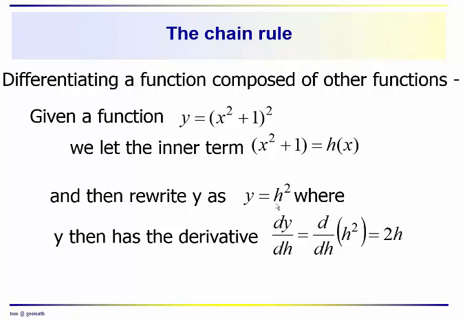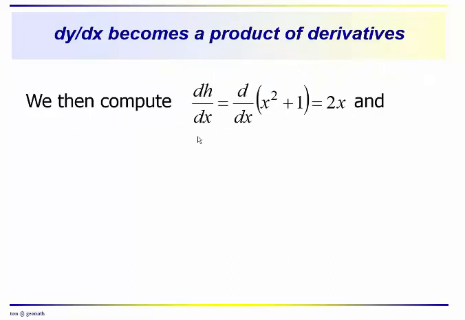If we want the derivative of y with respect to h, you all know how to do that. We just use the power rule, and we know dy dh is equal to 2h. So very straightforward. Now, we really want to know what the derivative of h is with respect to x.